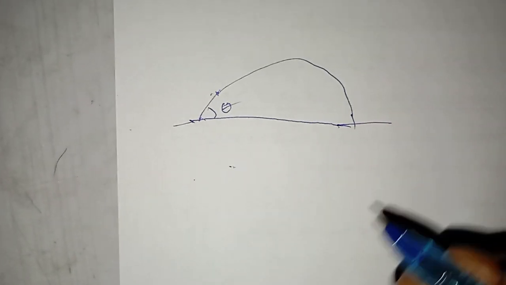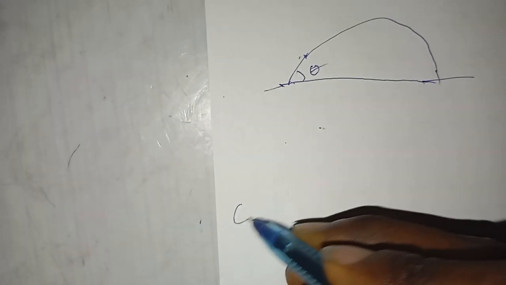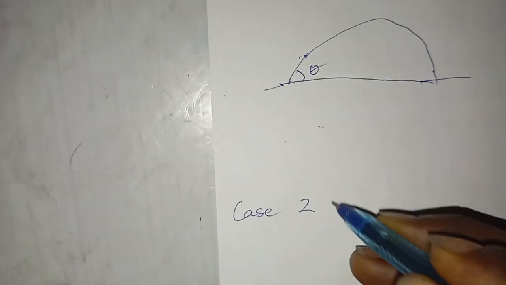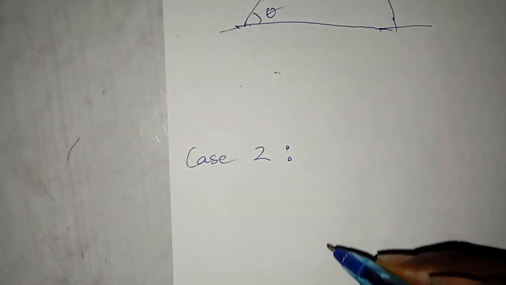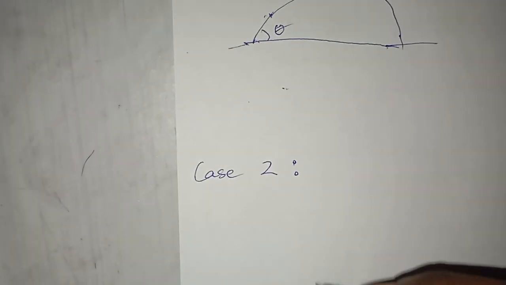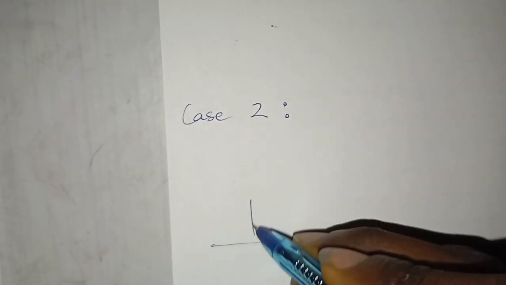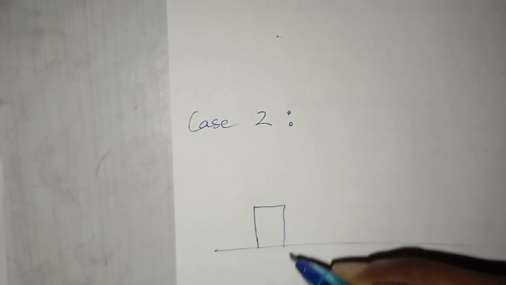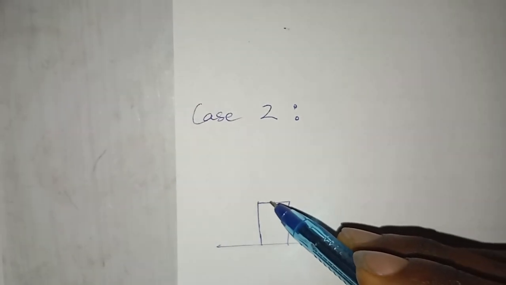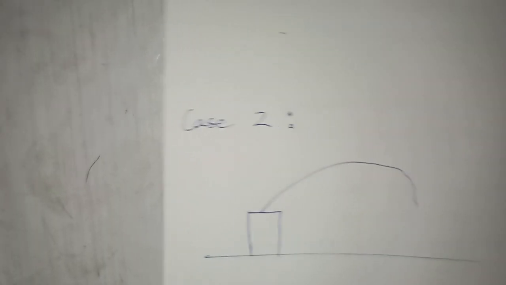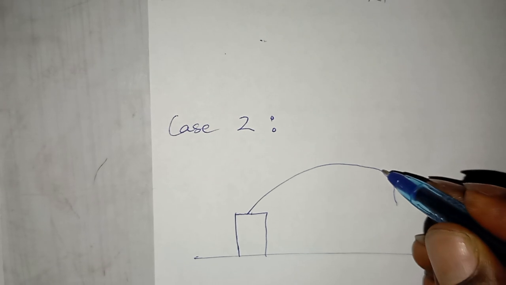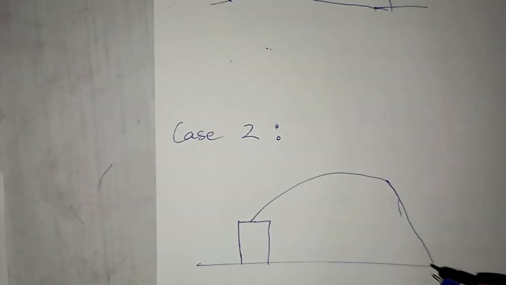Then case 2 is when they tell me that a body is projected at a height above the ground at an angle, before coming down.